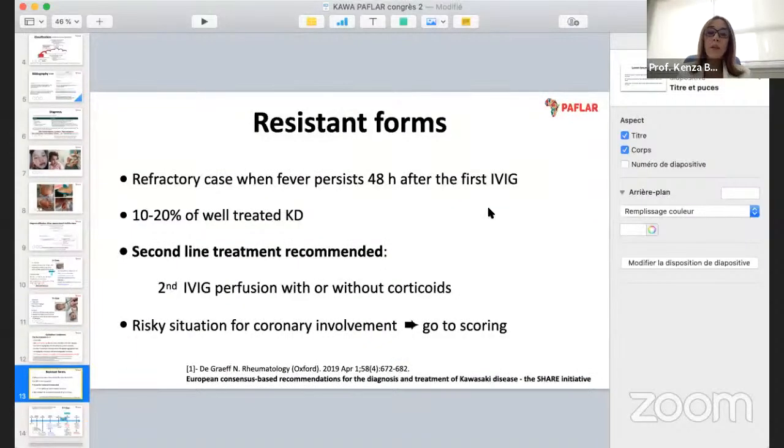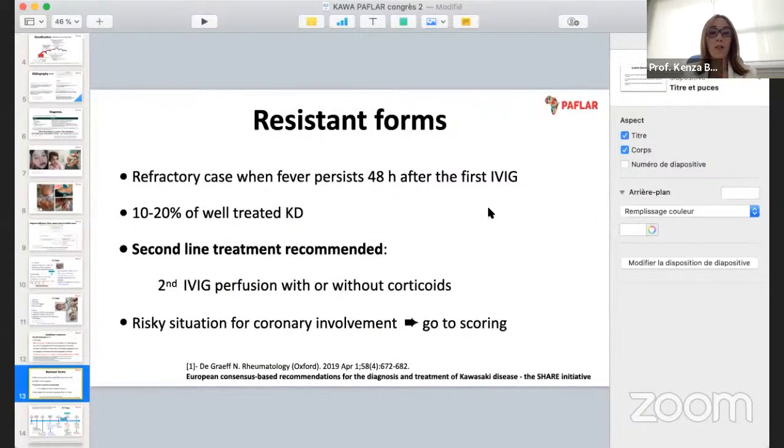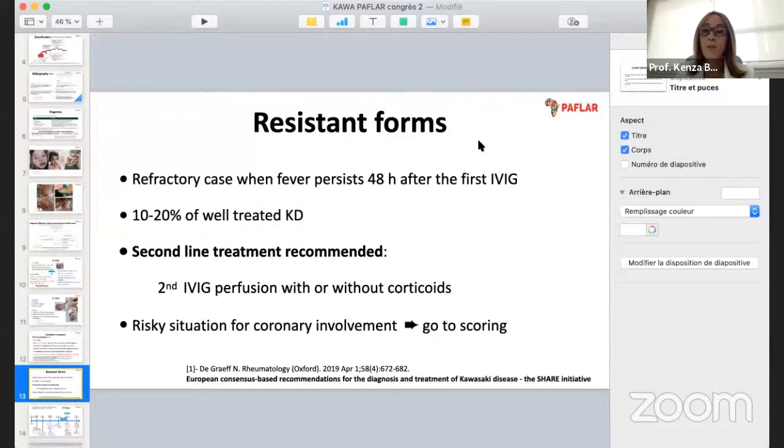Pour les patients qui ne répondent pas au traitement de première intention, on va parler de formes résistantes. Ce sont des formes chez qui la fièvre persiste après 48 heures de l'administration de la première perfusion d'immunoglobulines, ou alors disparaît pour réapparaître très vite et persister.